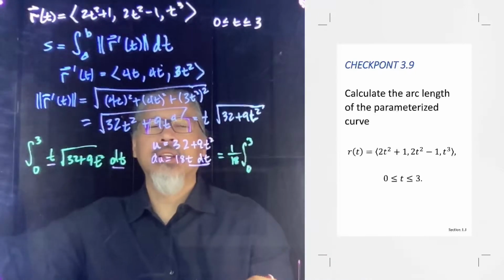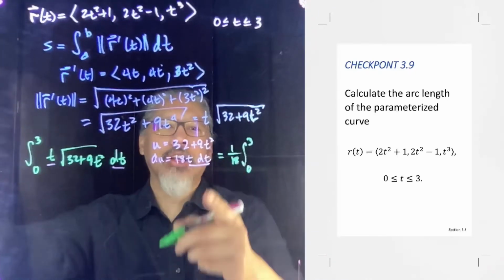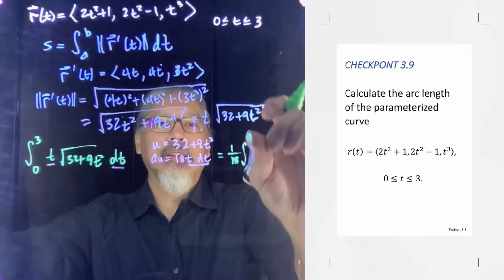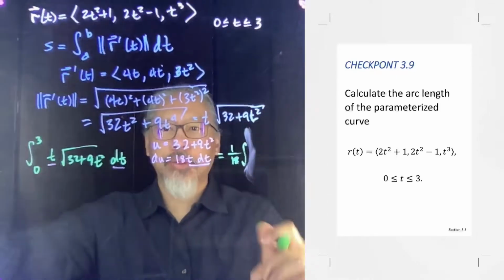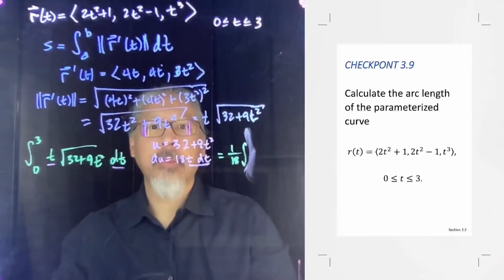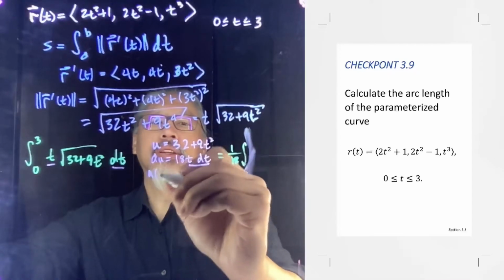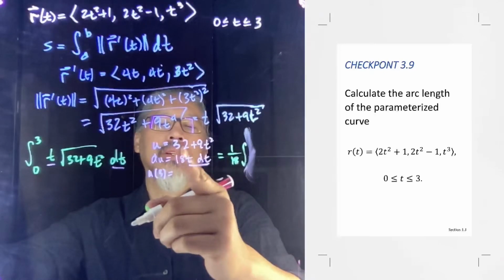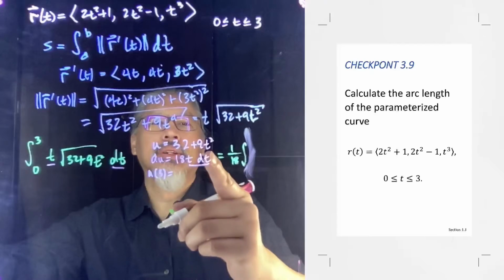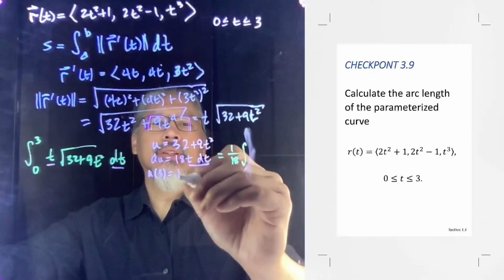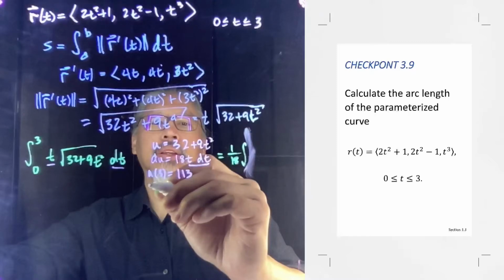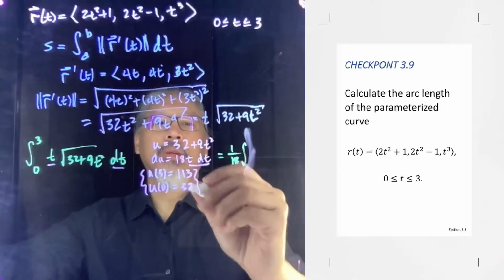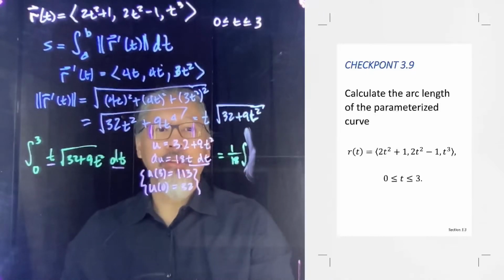We could change the limits now. If we put 3 in for t, we're going to get 9 times 9 is 81. 81 plus 32 is 113. And u at 0 would just be 32. So these are going to be our new limits from 32 to 113.